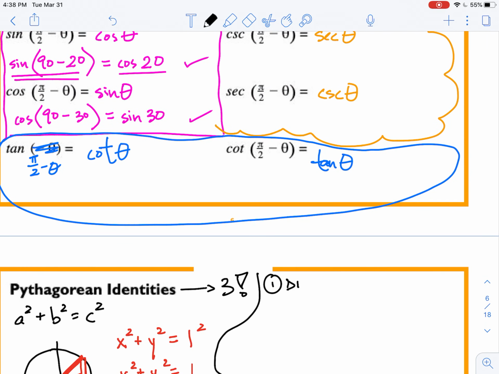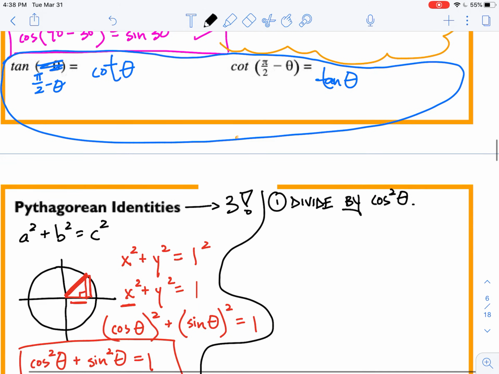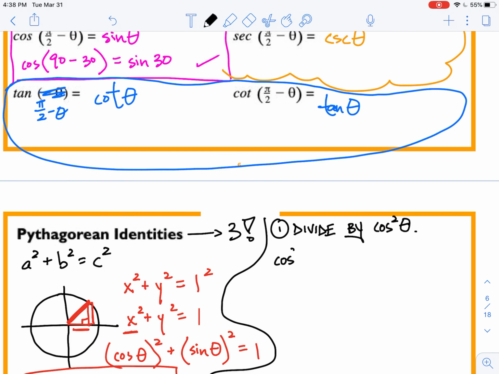And so what we're going to do here is first we're going to divide by cosine squared theta. And when I do that, I'm going to get cosine squared theta over cosine squared theta plus sine squared theta over cosine squared theta equals 1 over cosine squared theta. And I'm going to go ahead and reduce or rewrite what I can.